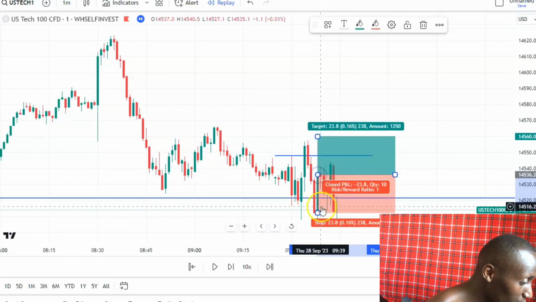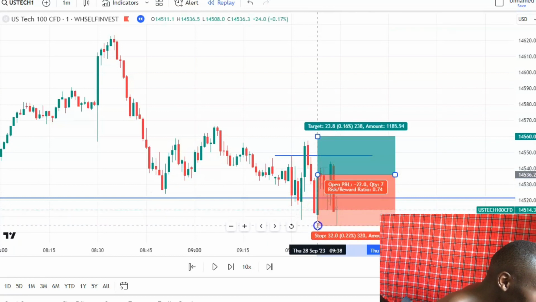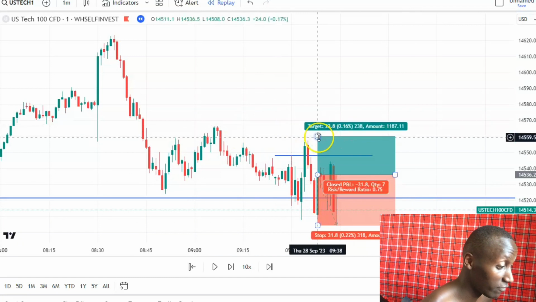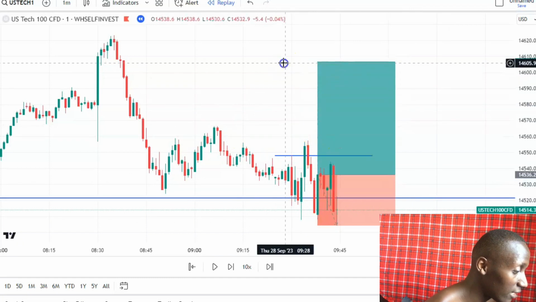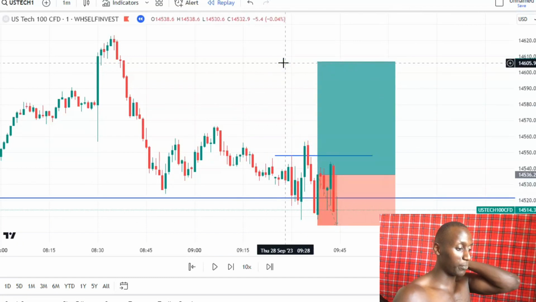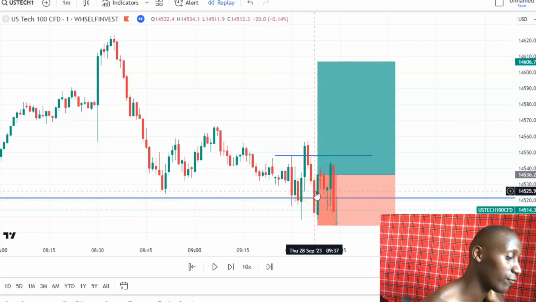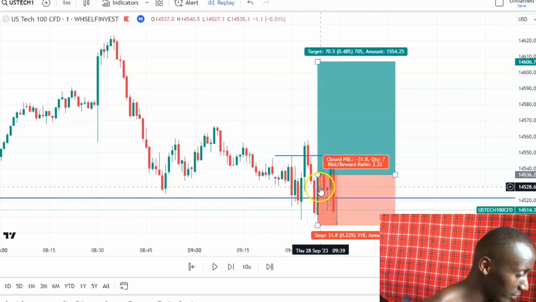So I think this could have been stopped out, but that would have been the cheapest price you could ever get using the entry of an engulfment candle.